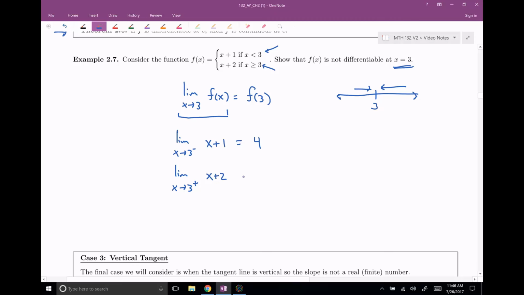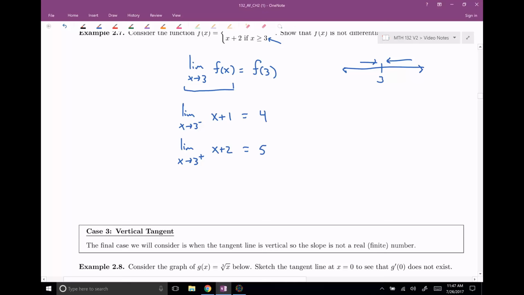Again, direct substitution works: plugging in a 3 everywhere I have an x, I get 5. So at the value 3, the left-hand limit and the right-hand limit don't agree. The two-sided limit doesn't exist, and therefore the function is not continuous. So f of x is not continuous at x equals 3.